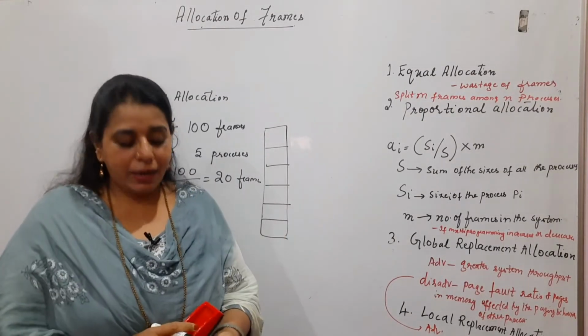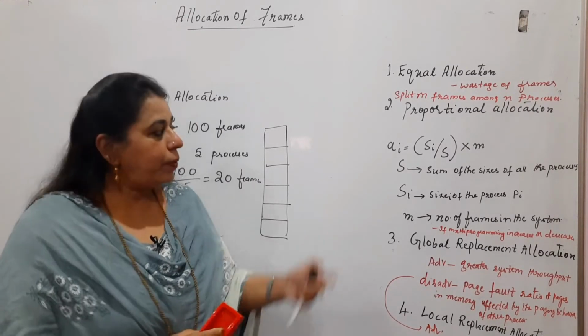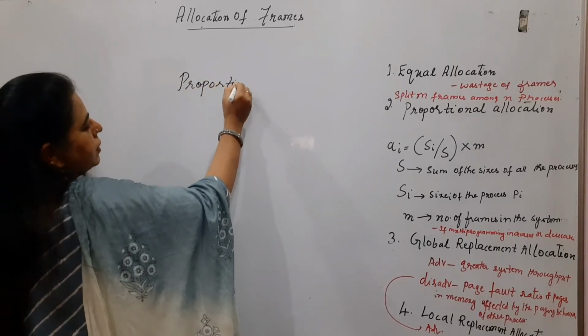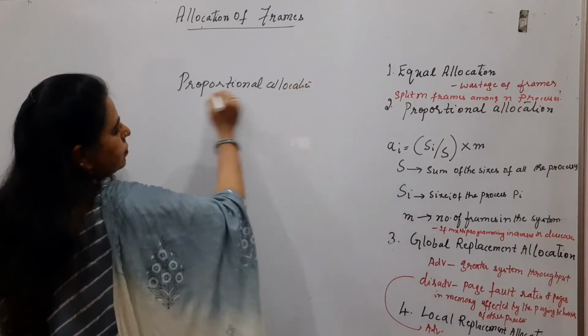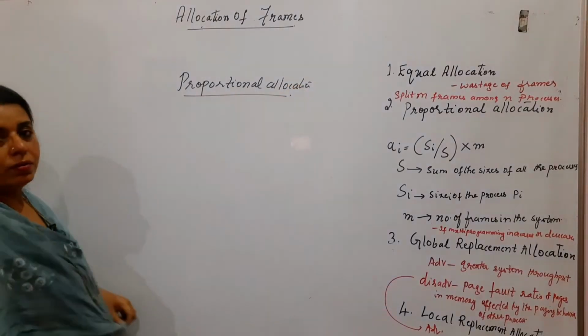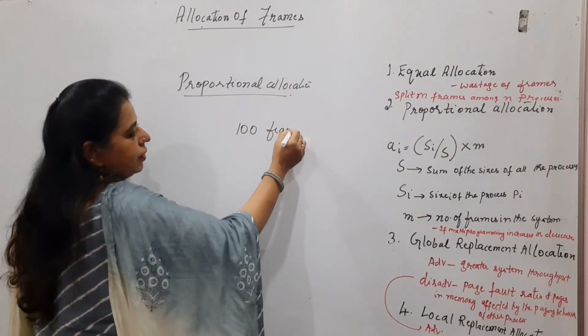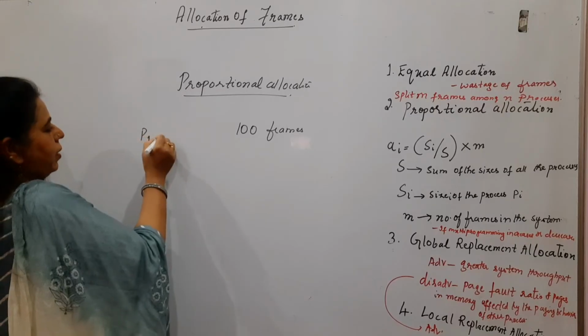In order to overcome this disadvantage, there is another algorithm called proportional allocation. We'll take the system is having 100 frames. Let us take that P1 is clearly demanding only 5 frames.